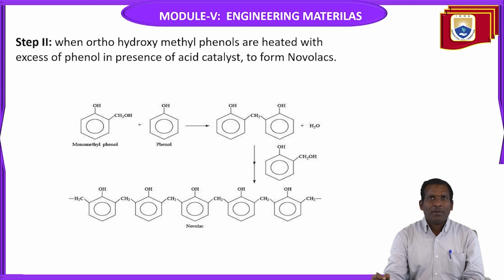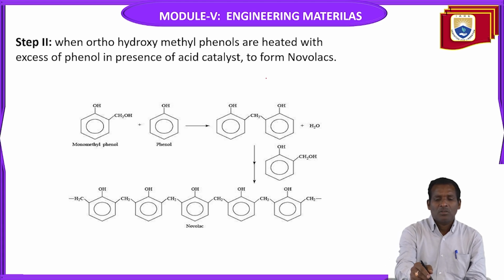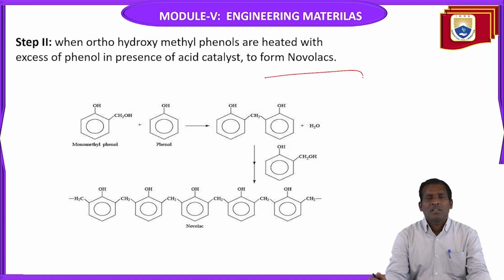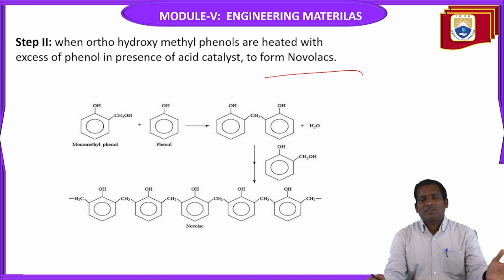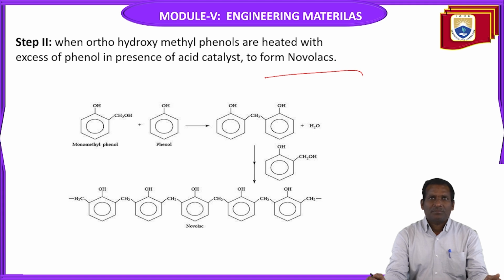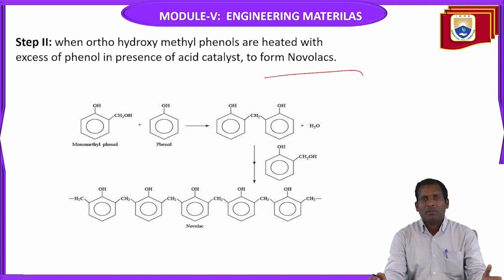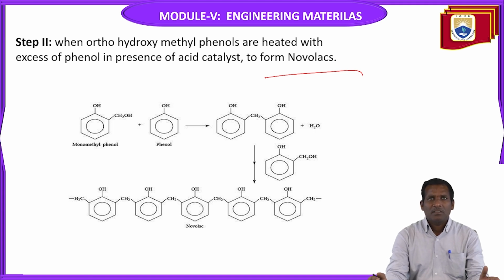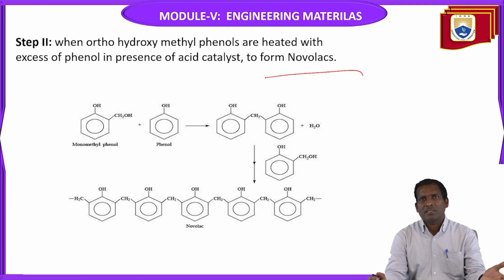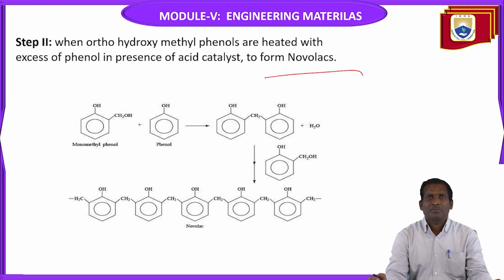When ortho-hydroxymethylphenols are heated with excess phenol in the presence of an acid catalyst, they form novolac. Bakelite comes under thermosetting plastics. Once this material is heated, it will not regain its original form.